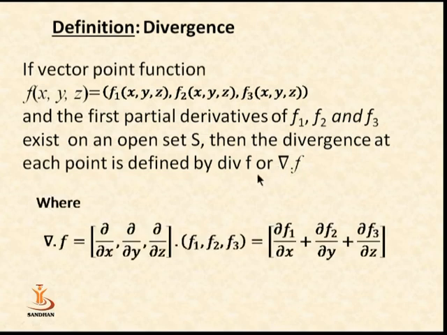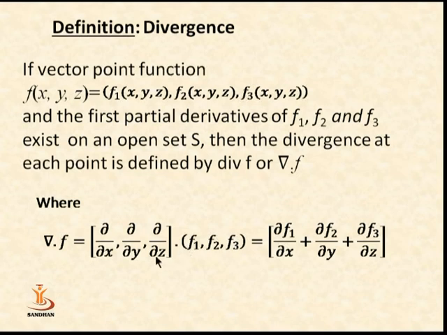Now the dot product is defined as del dot f, that means (del by del x, del by del y, del by del z) dot (f1, f2, f3).